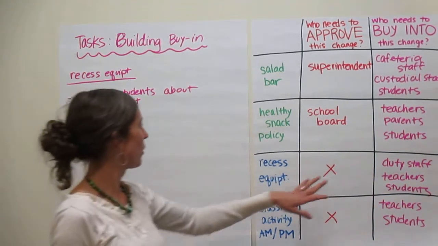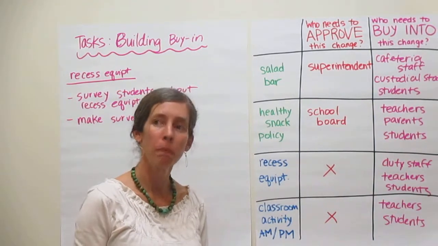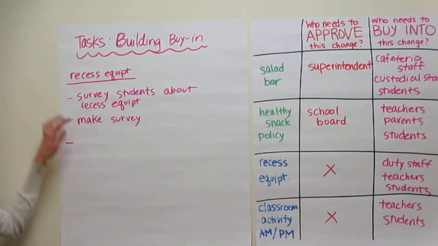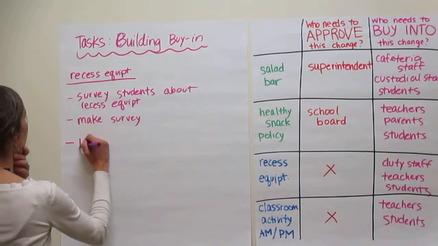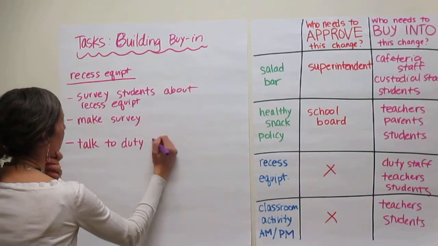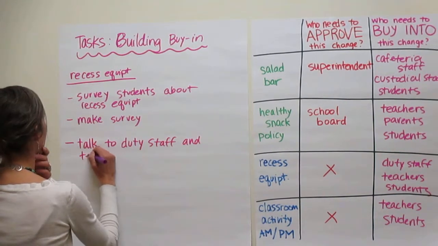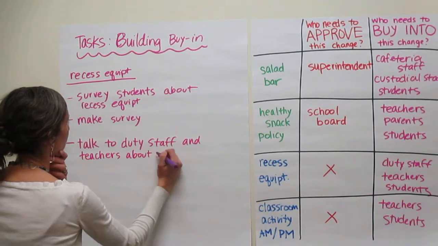How about from the teachers and the staff that's going to be out monitoring? Oh, that's a great idea. So let's get a new card. Each of these is a new card. Does that make sense? Okay, so grab a new card. And let's talk to the staff that's on duty and teachers about the recess equipment.